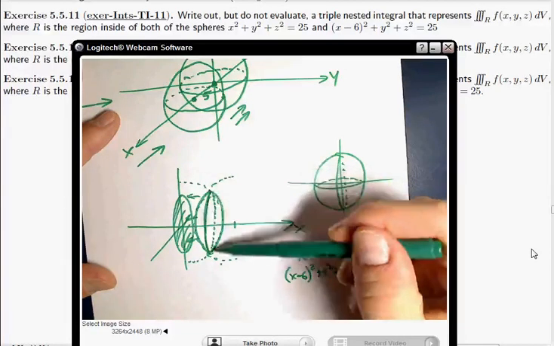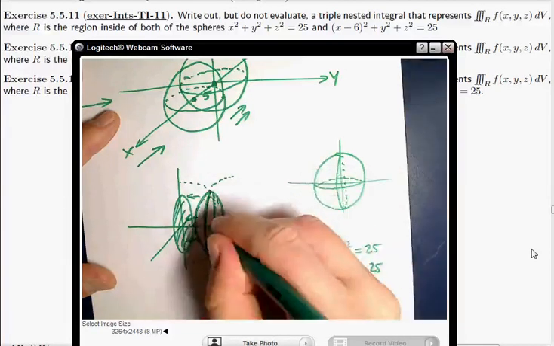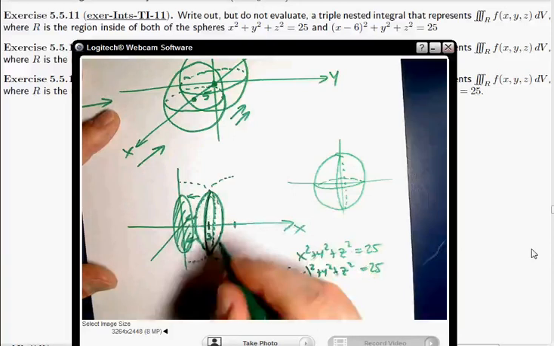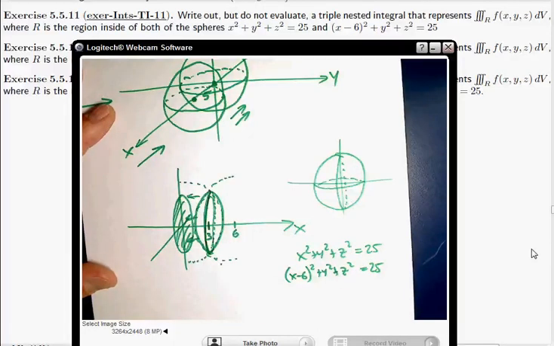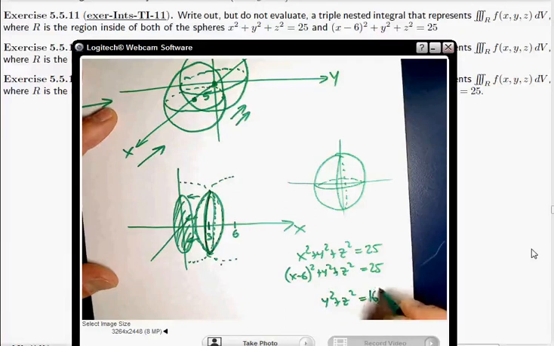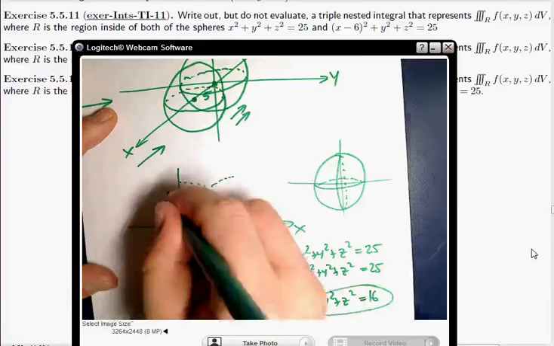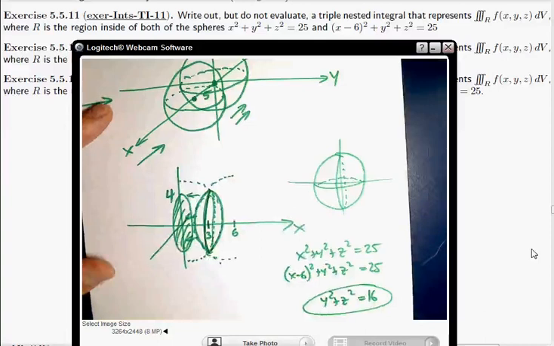The circle where they intersect happens halfway in between the two centers. That's at x equals 3, because the other center was at 6. So if you plug in x equals 3 into both of these equations, that turns into a 9, and what you get is y squared plus z squared equals 16. So what you have is a circle of radius 4.